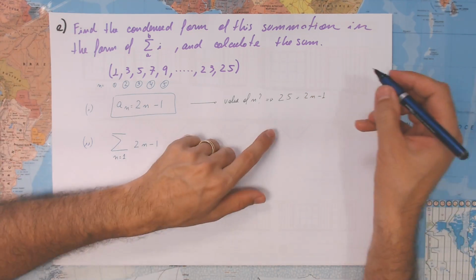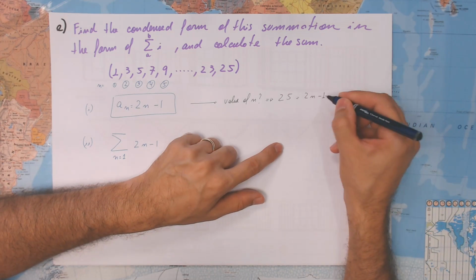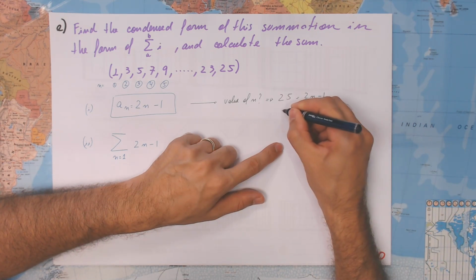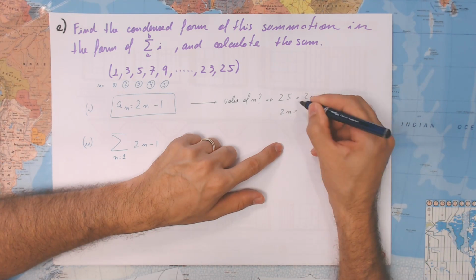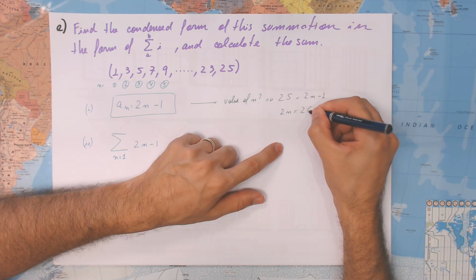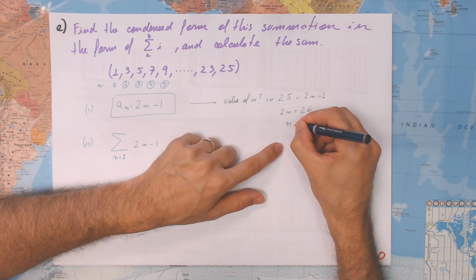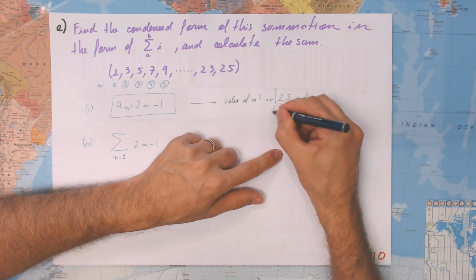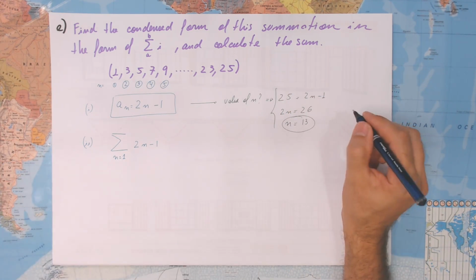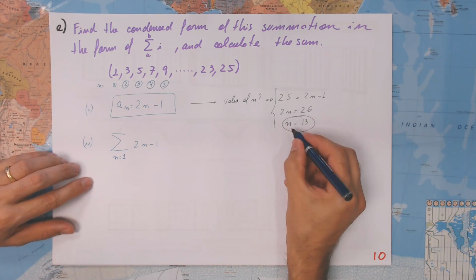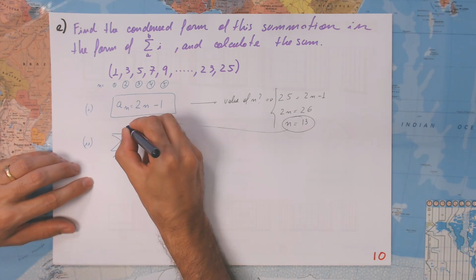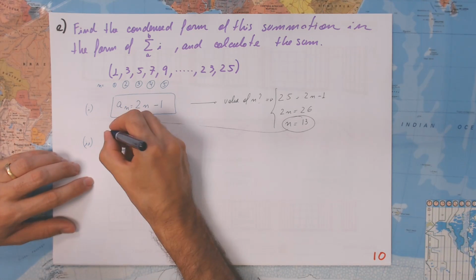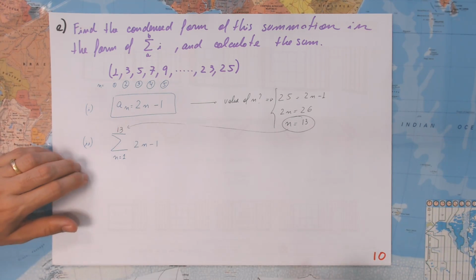Let's use the formula. Therefore, 2n is going to be 26, therefore n is going to be 13. Okay, this is n, 13, and it goes right in here. 13.